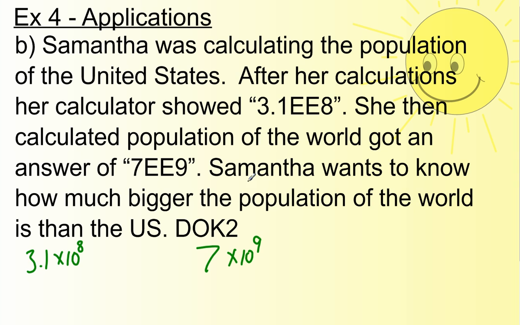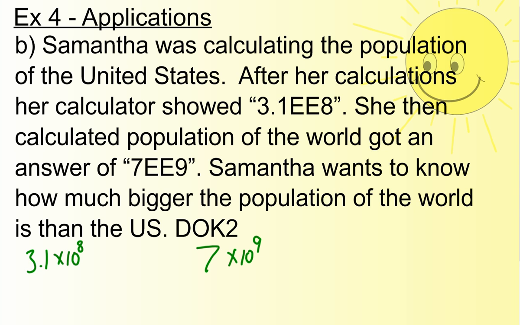But now the question is, Samantha wants to know how much bigger the population of the world is than the US. If you're trying to find out something like that, how much bigger, you're usually looking for something like 3 times bigger or 5 times bigger. In that case, this is what's called an order of magnitude.